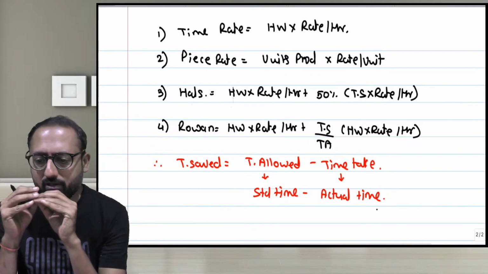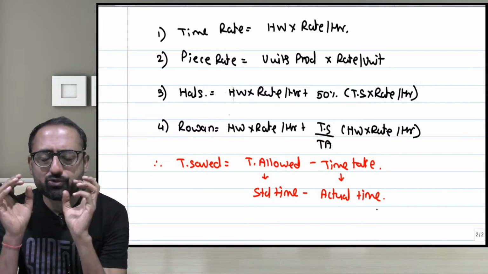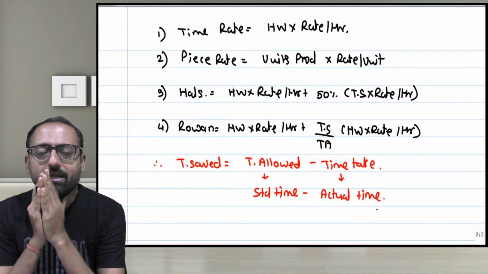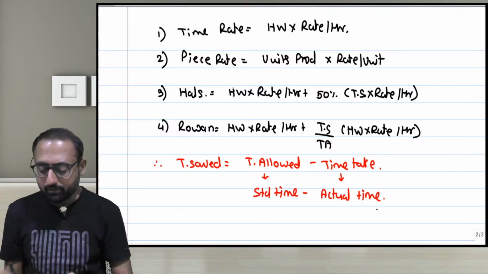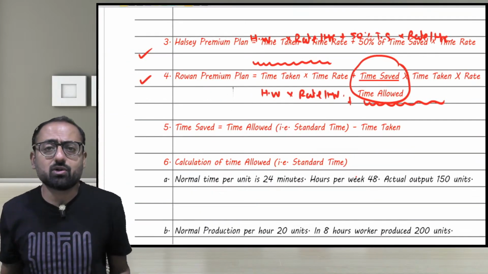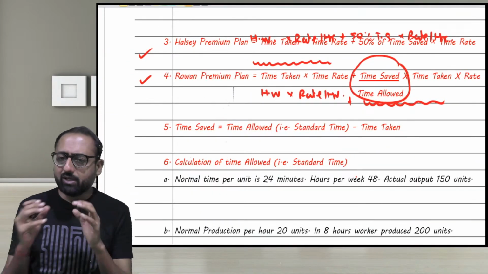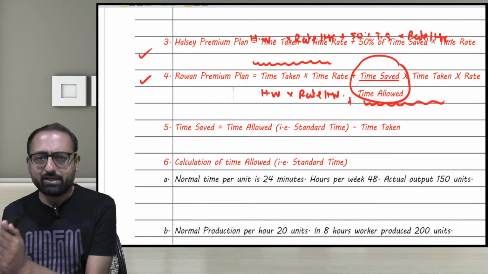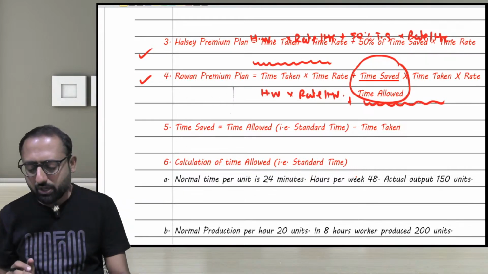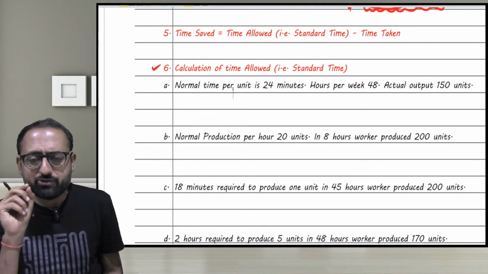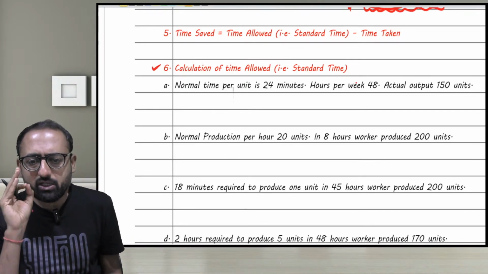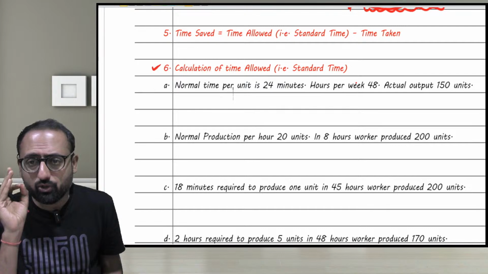Now everyone who has joined live, quickly come to the first page of the notes of this employee topic. There we are going to solve some basic questions and understand how to calculate time saved and time allowed. So everybody please come to the sixth formula. You will have to answer quickly; I am waiting for your answer.